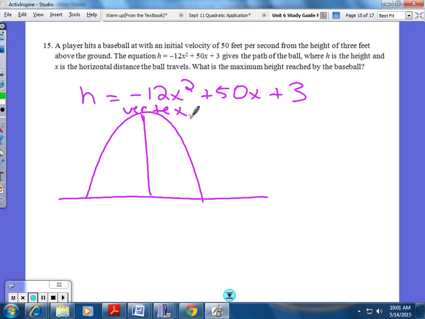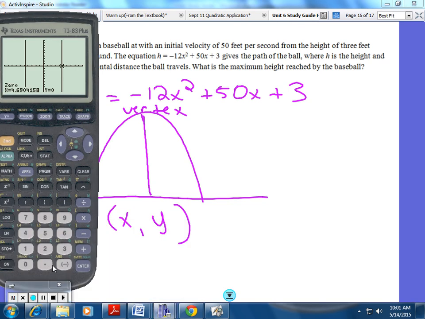Okay, so you have to find the vertex. If you find the vertex, the x is how long it takes to get to the top, to its maximum height, and y is its maximum height. So, calculator again, y equals, plug it in.